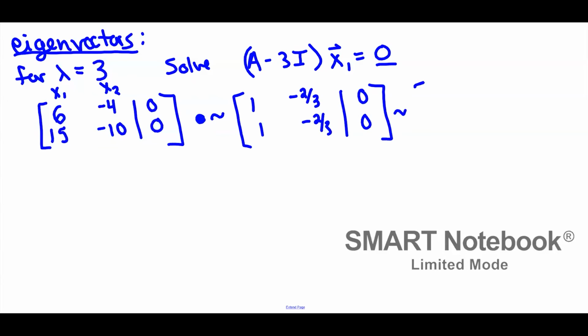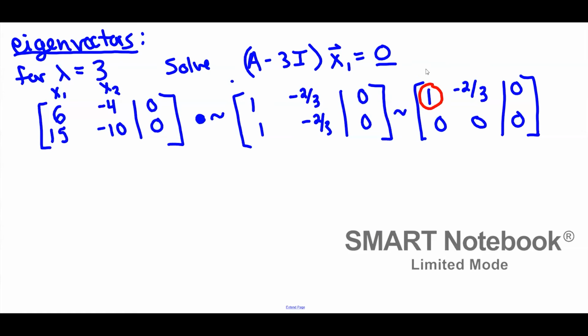And now we just subtract the 2 rows. And I get a row of zeros. So remember, I have a leading 1 in this column, and in this column I do not have a leading 1, so that makes that a free variable.